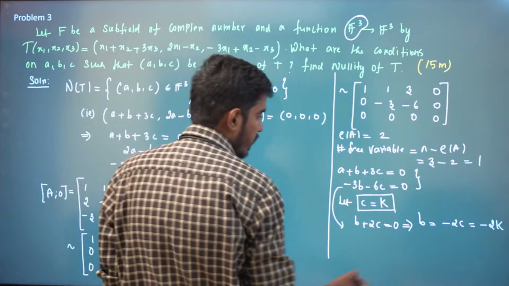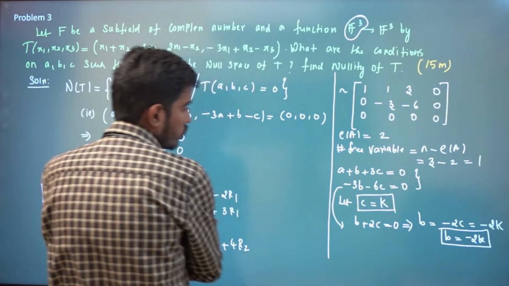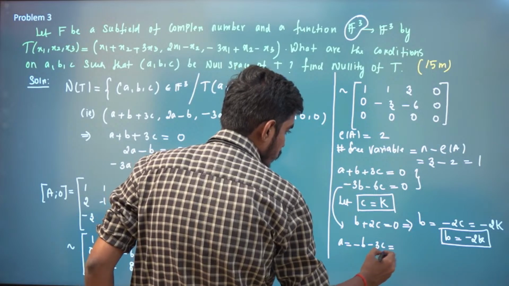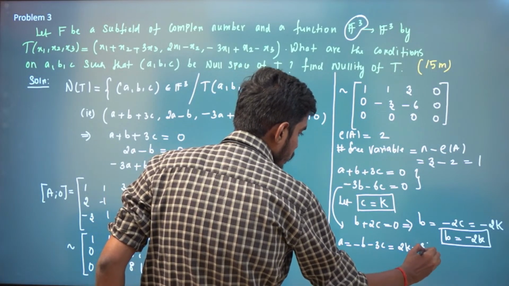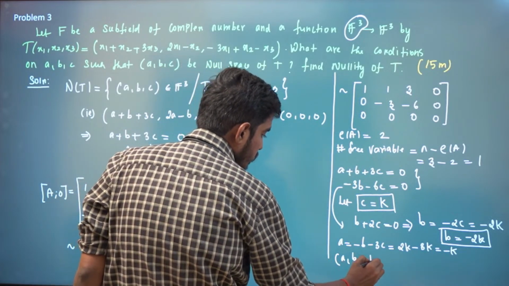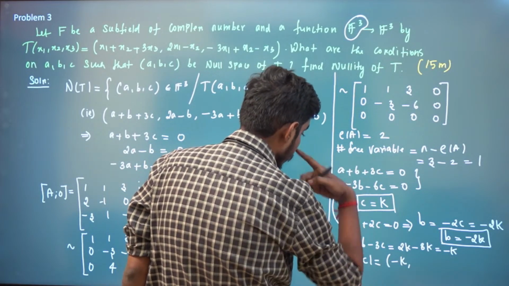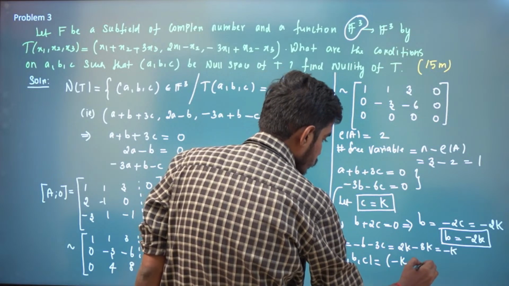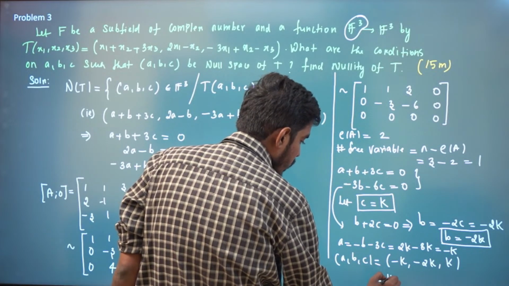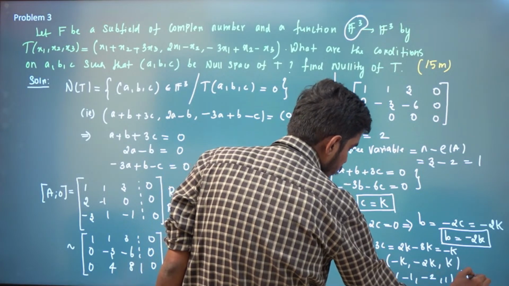So b is -2k. And then we have a equal to -b - 3c, so 2k minus 3k, which is -k. So the solution (a, b, c) is given by a is -k, b is -2k, c is k. If I take k outside, k times (-1, -2, 1), and this k belongs to the real numbers.